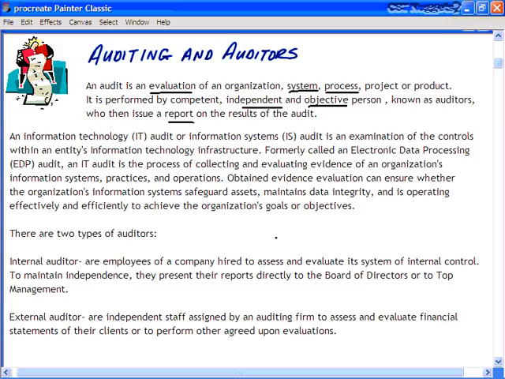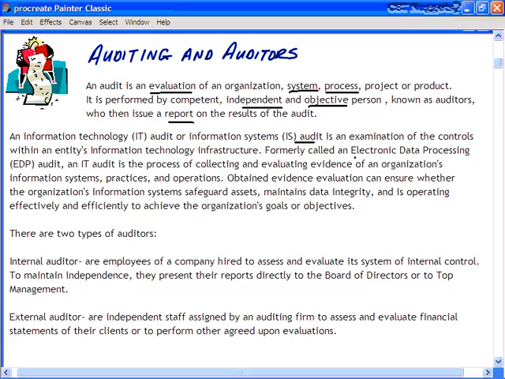Now, we're looking at IT auditing, specifically information technology or information system auditing. This is defined as an examination of the controls within an entity, which could be an organization, a company, a customer, a client, within an entity's information technology infrastructure. This used to be called an EDP audit, or an electronic data processing audit.